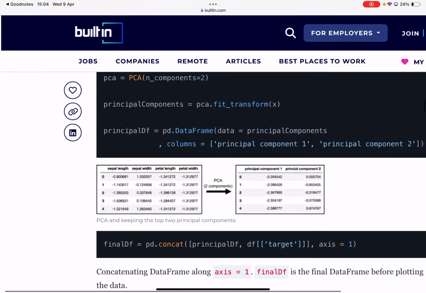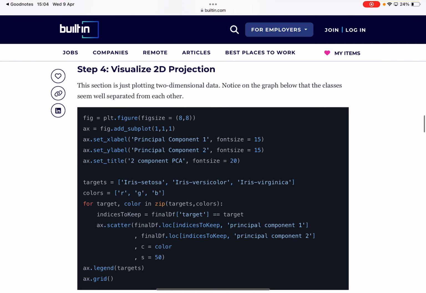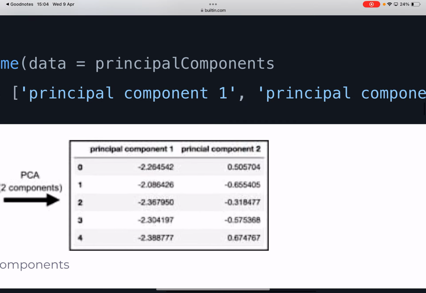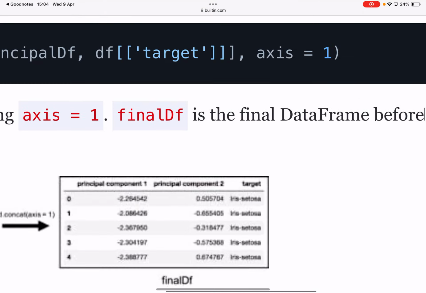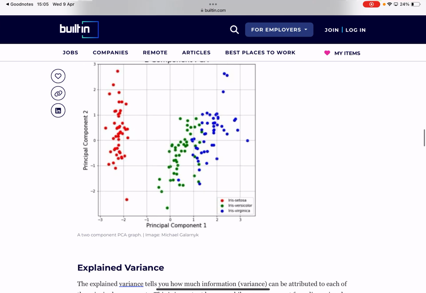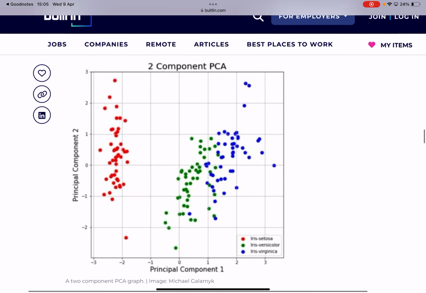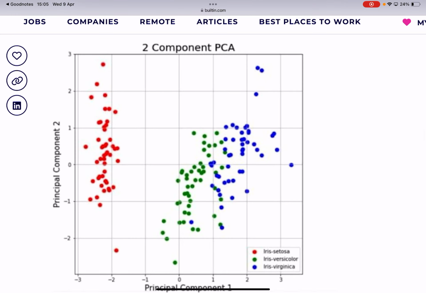Once you have this 2-dimensional feature, you can visualize the distribution of your feature. In this example, it looks like this, and here they highlight the feature samples according to their classes.